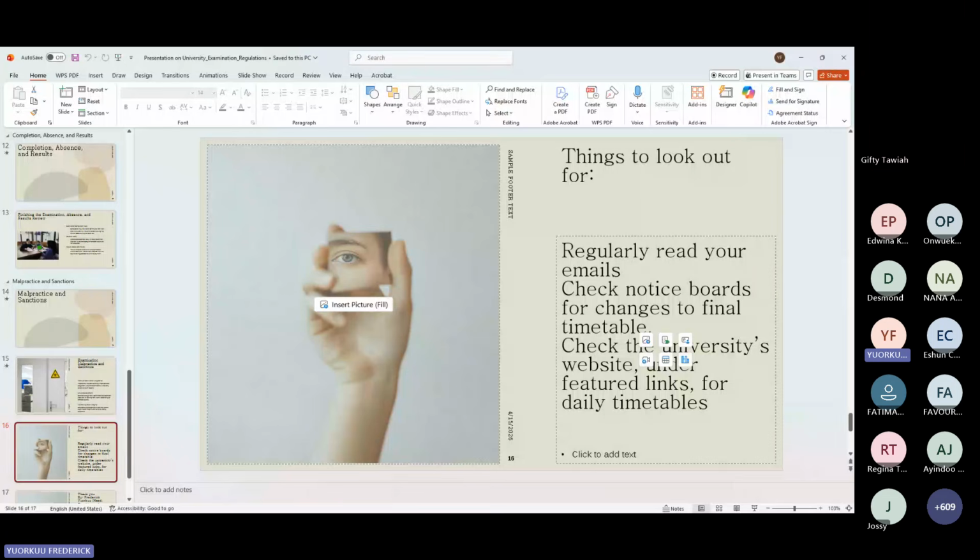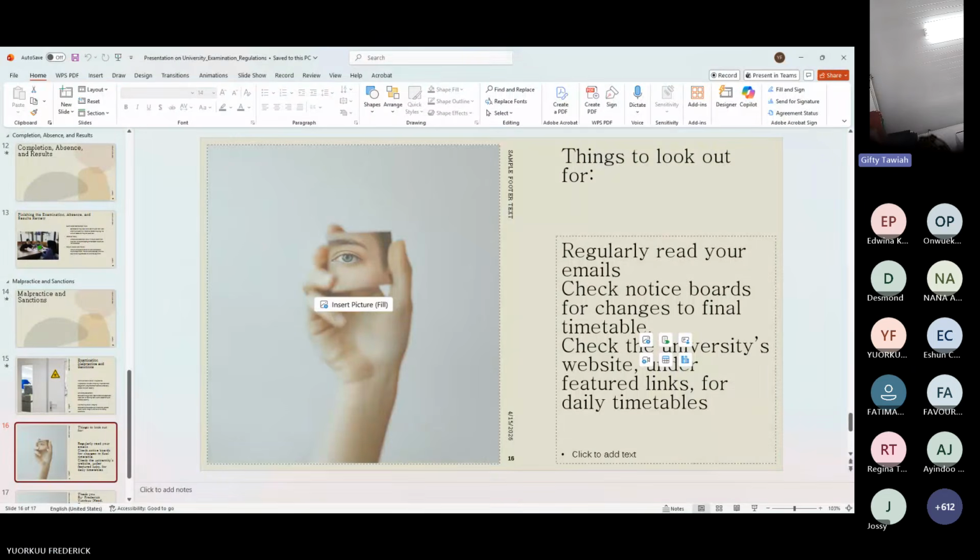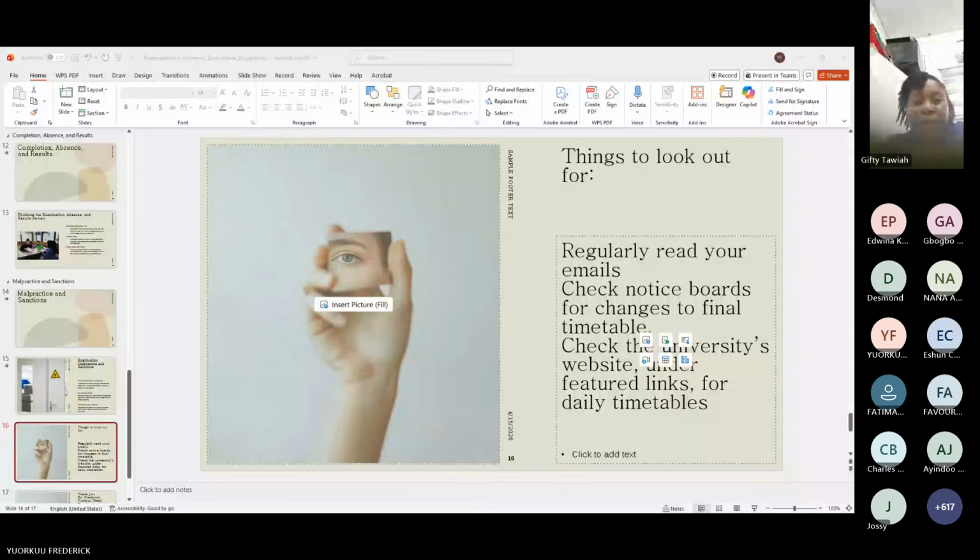So you must know your index number by heart, let me put it that way in quotes, so that when you check, you are able to tell that your index number falls within this range. That maybe it's an online on-site exam. So if you are writing your paper at the School of Nursing lab, then you know that is where you are writing. The exact time that you are writing, you'll get to know when you check the daily timetables.